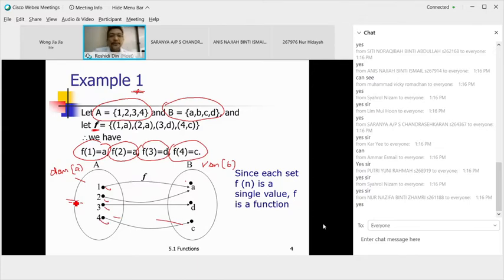That's a function. Okay, since each set F(n) is a single value, F is a function. It means this mapping we call F is a function because in the domain they have only one mapping. Each of them has only one mapping. That's a function.